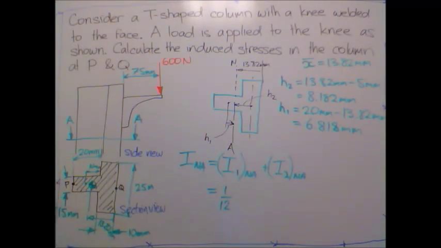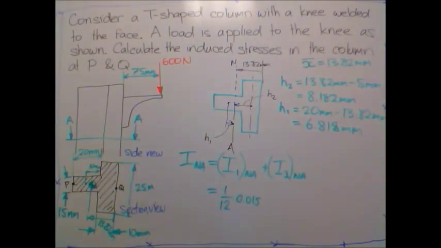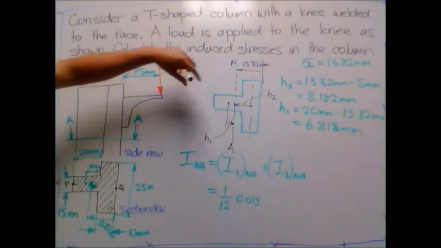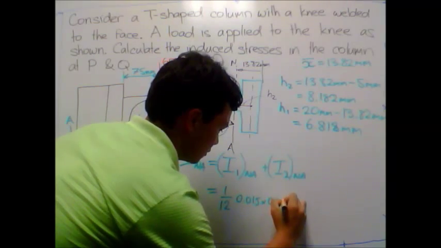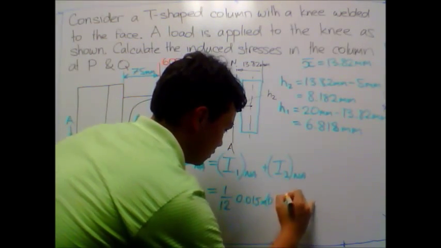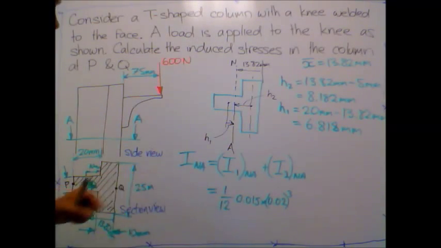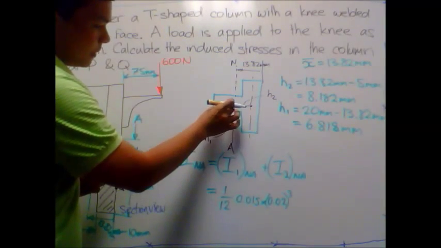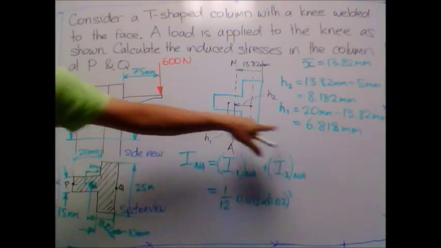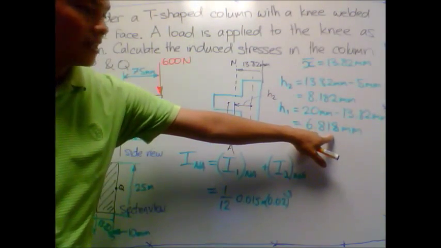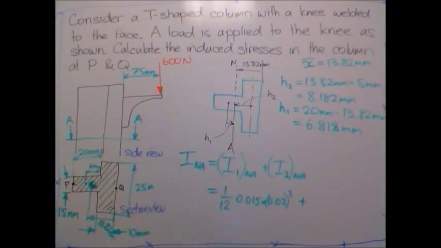So B is 0.015, and the depth D is 0.02, cubed, over 12. I'll use the parallel axis theorem now to shift the area moment of inertia from here to the neutral axis. My distance h1 is equal to 6.818 millimeters. So here I'll go plus AH squared.